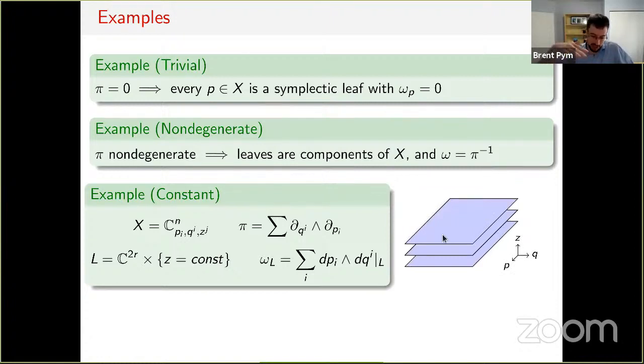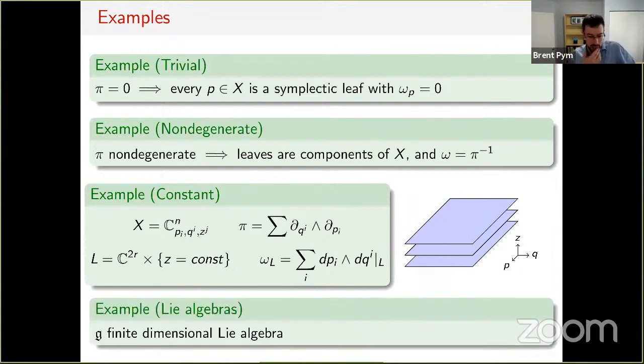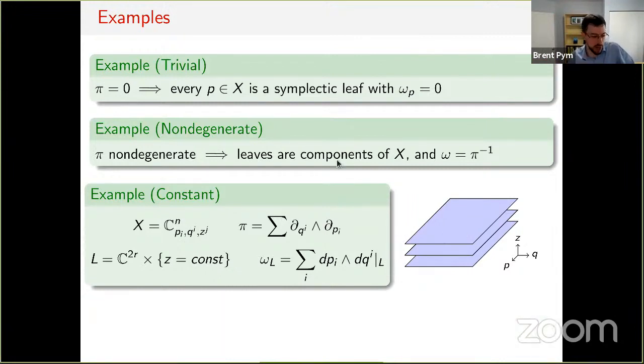You have a bunch of parallel leaves, which are all symplectic, but there are these additional directions that you can move. And by the way, it follows from Weinstein's splitting theorem that if the rank of the bivector is constant, then locally it must look exactly like this. There's no other flexibility. The transverse Poisson structure has to be 0.